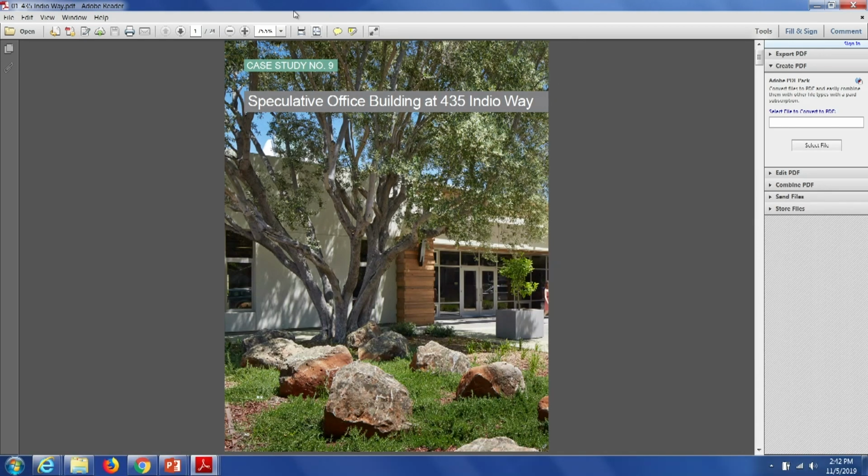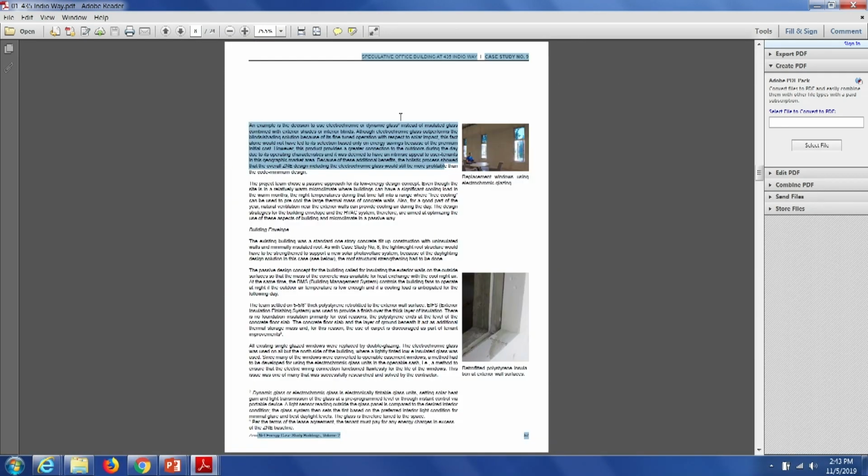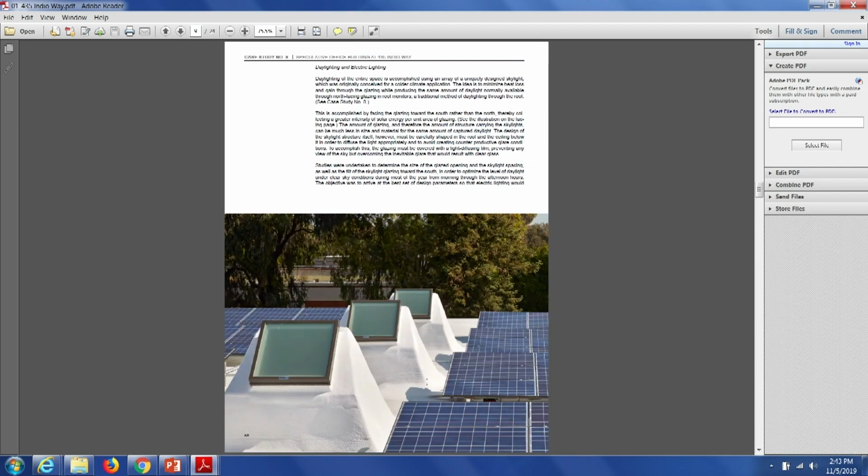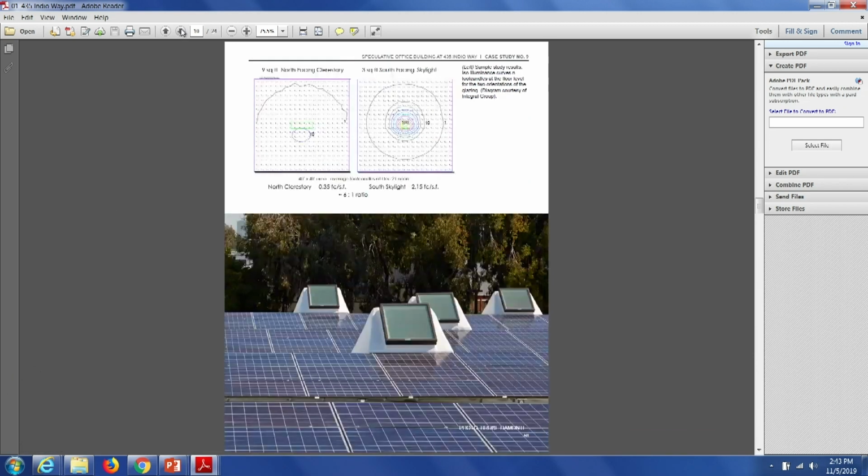So let me just run through. Here's the roof. You can see, again, why would you only get 80% of the roof area in solar panels? Well, they added skylights because they wanted to get daylight into the building and distribute it broadly across the building.